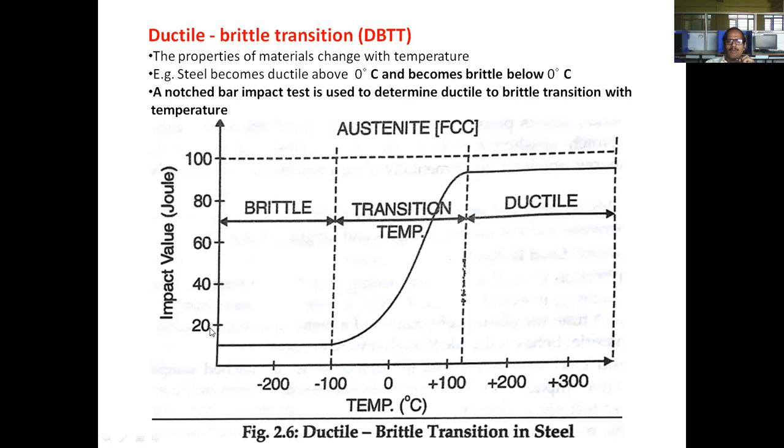So this plot shows us the nature of the mode of failure for steel. Below minus 100 degrees Celsius, steel will break like glass. Between minus 100 and 120 degrees Celsius, there is a progressive transformation from brittle to ductile. And above 120 degrees Celsius, it is completely ductile.